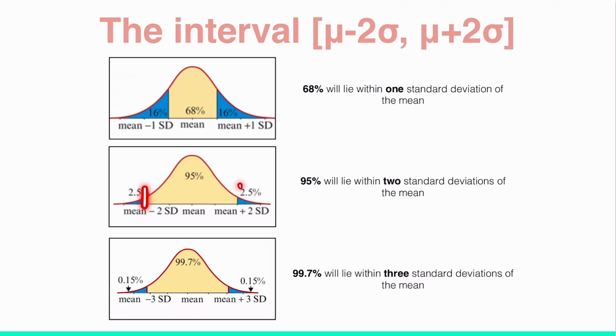If I look at 2 standard deviations, 95% of my successes should lie within this range. And then if I look at 3 standard deviations, then 99% of my data is going to lie within this range. What we're interested in Methods is this one, 95%. Because we want to make sure that if we have a certain range of whether it's successes or whatever it might be, that 95% of it lies within this range. We don't want it to be too far out.